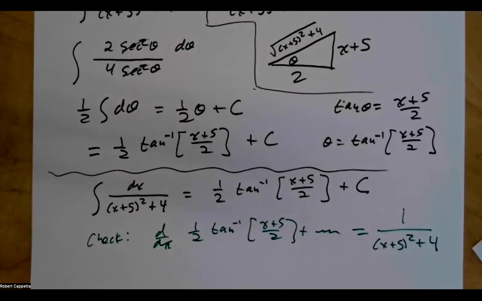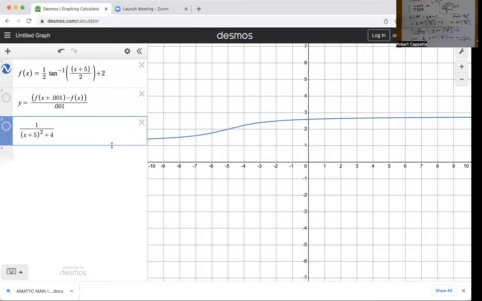So let's pull that up. So let's look at Desmos. So here's my graph of 1/2 inverse tangent (x plus 5) over 2. I added plus c. I just added plus 2 so we could see it in the window. So that is my function of interest.